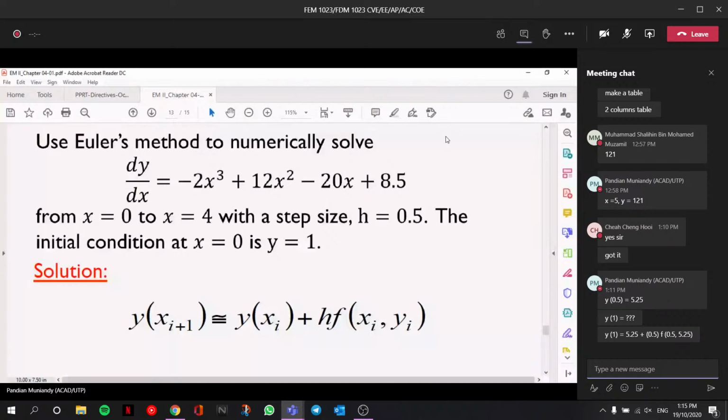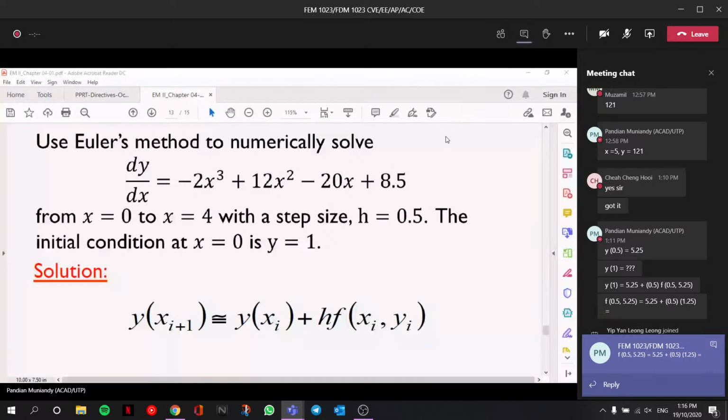So you will have 5.25. Use your calculator. 5.25 plus 0.5 multiplied by 1.25 equals, you calculate.